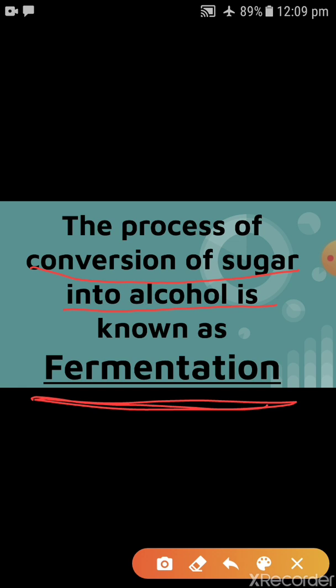We are converting sugar. So when that sugar is getting converted into alcohol, the whole procedure is called fermentation. So I hope after this you are able to understand how microorganisms play a good role in industrial products.